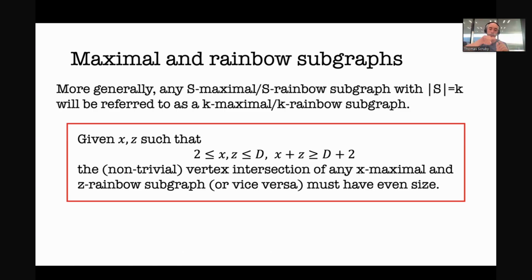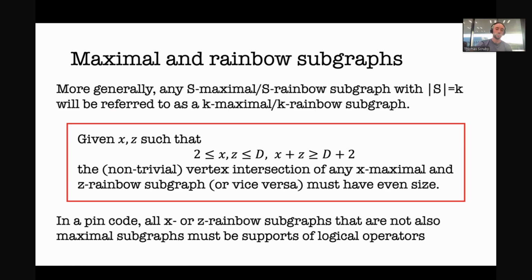So I just follow the unique edge that's part of both, find another vertex at the other end, and now I have a pair. In this way, I can partition the whole intersection into pairs joined by this shared color. And this is going to guarantee that the intersection size is even.